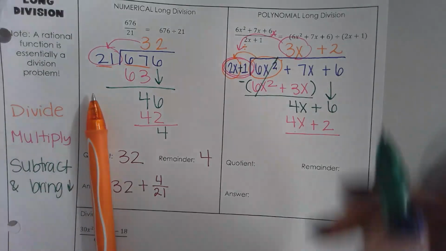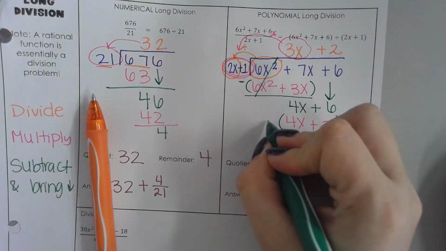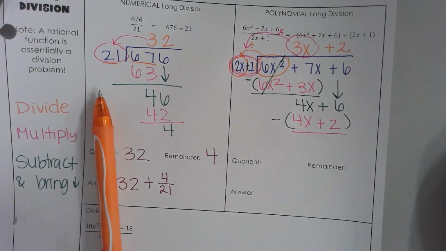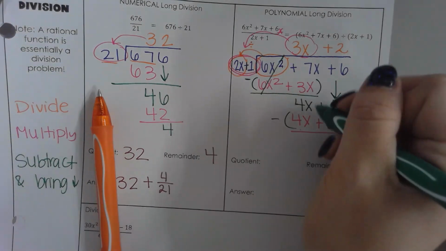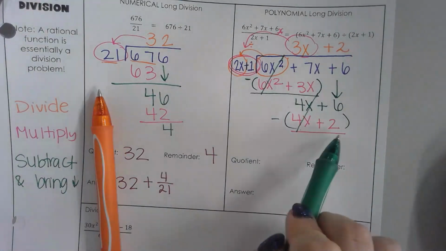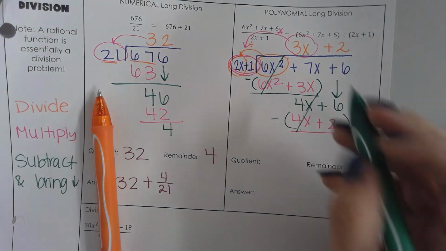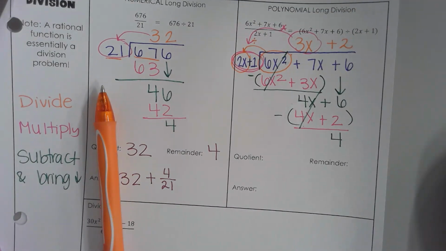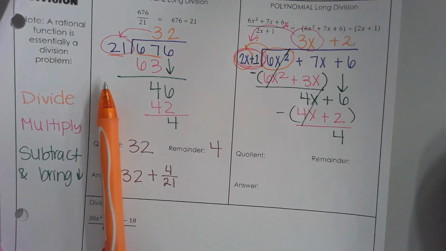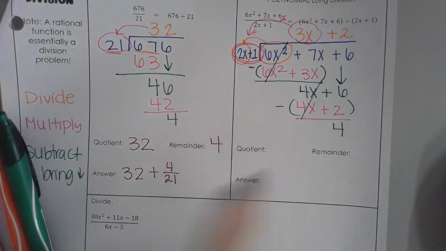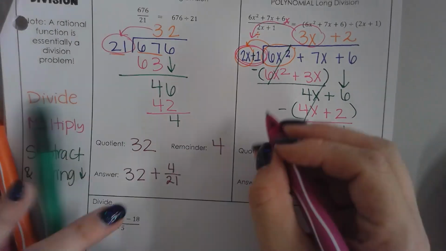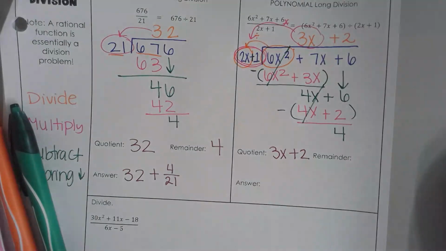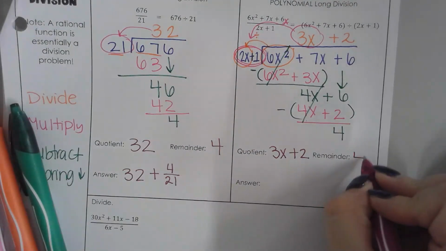And then I subtract. 4x minus 4x is nothing. They cancel. 6 minus 2 is 4. Is there anything else to bring down? No. So my quotient is 3x plus 2 with a remainder of 4.